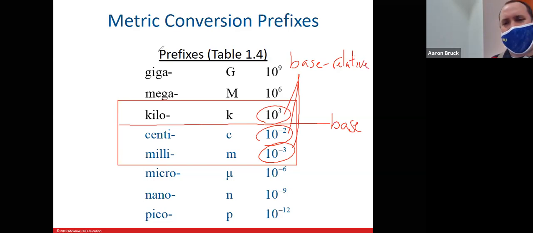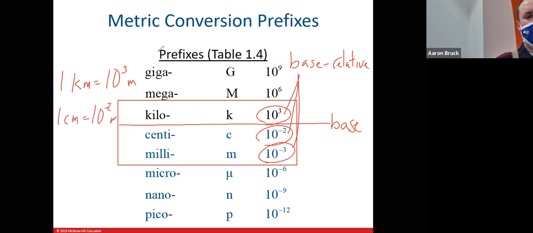And what I mean by that is one kilometer is equal to 10 to the third meters. 1 centimeter is equal to 10 to the negative second meters. 1 millimeter is equal to 10 to the negative third meters.